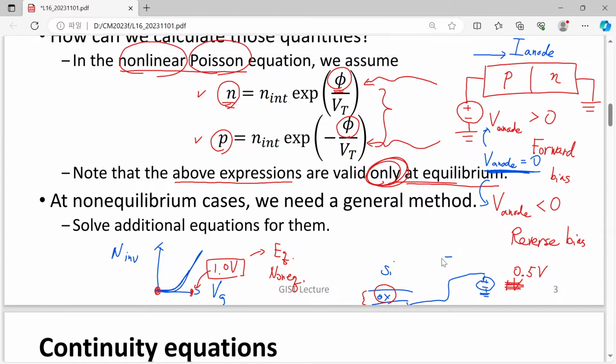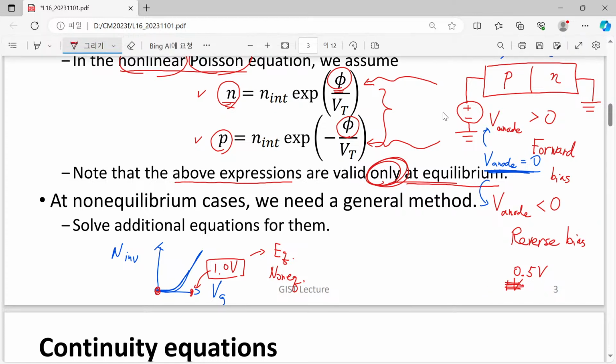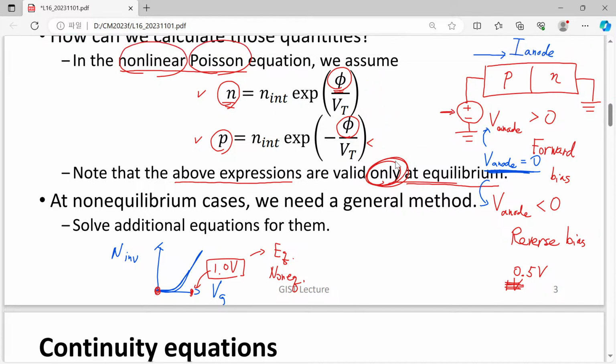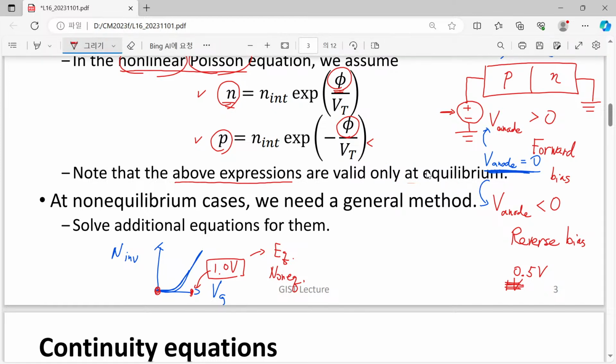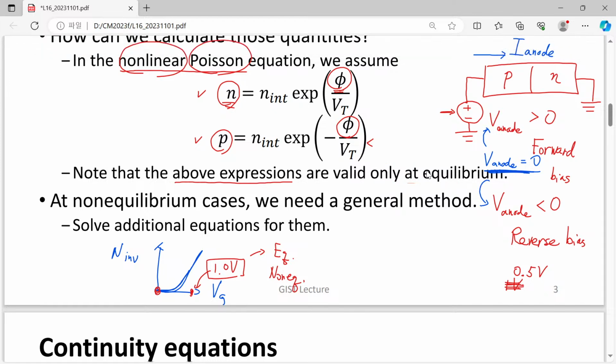However, now let's come back to our PN junction. In this PN junction, when we apply a non-zero bias voltage, what happens? It really conducts current. So in this case, we are driving our system into the non-equilibrium case.